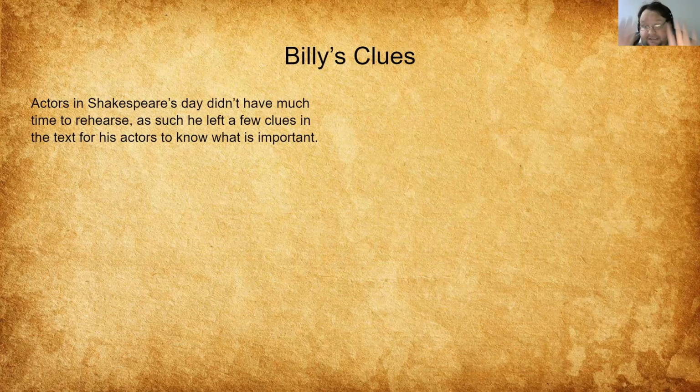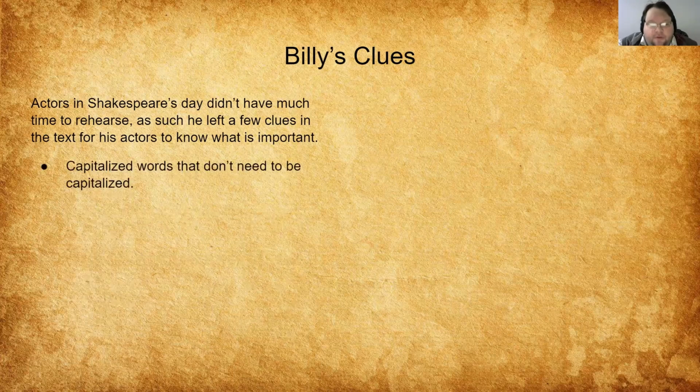So these are things you only see if you're reading off of a folio transliteration. I'll give you a web page later where you can see all of them, but you need to make sure it's a folio copy. So, capitalized words that don't need to be capitalized. If it's capitalized and it shouldn't be, that's important.